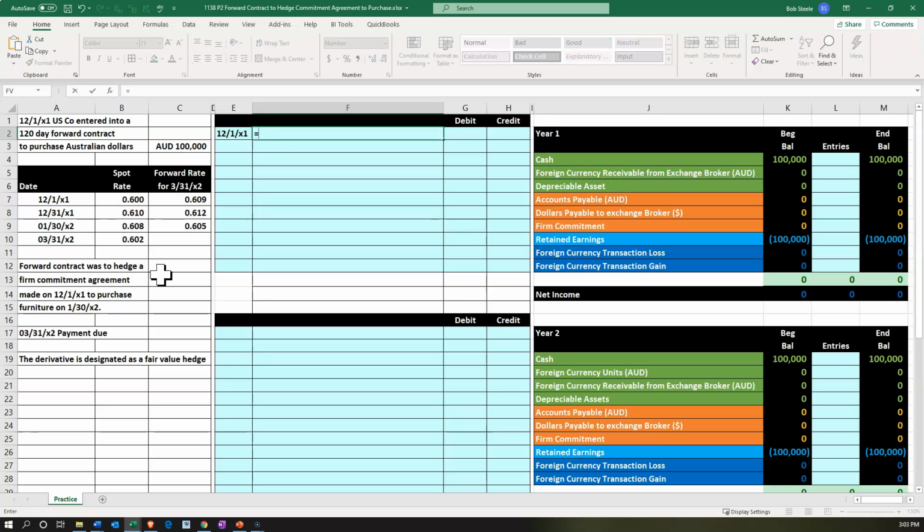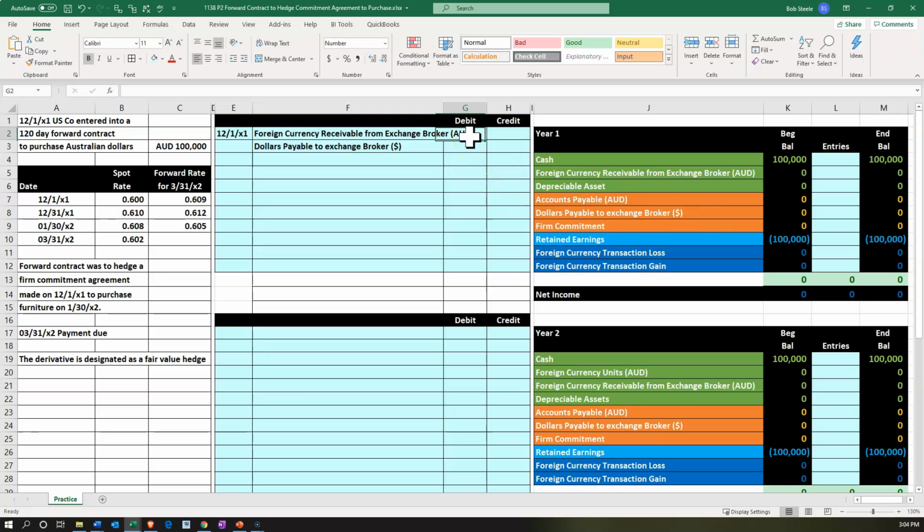And so remember, the forward contract is basically like a receivable and payable. So we're going to say we have a foreign currency receivable from the exchange broker in Australian dollars, and then a dollar payable to the exchange broker in dollars, right?